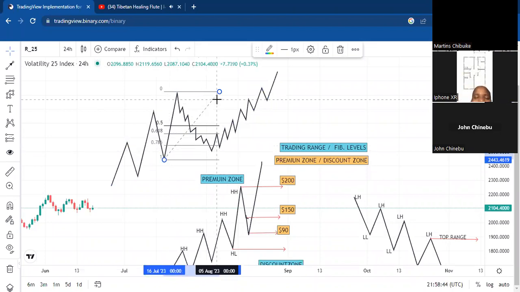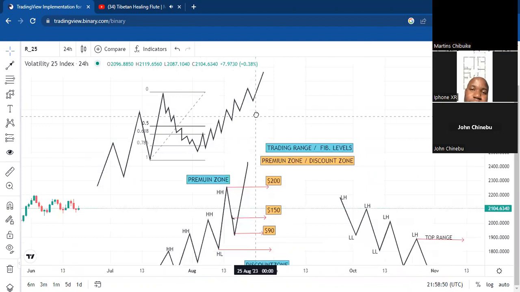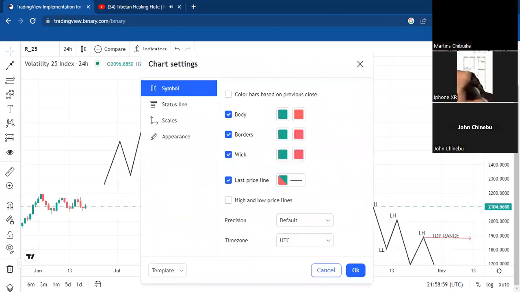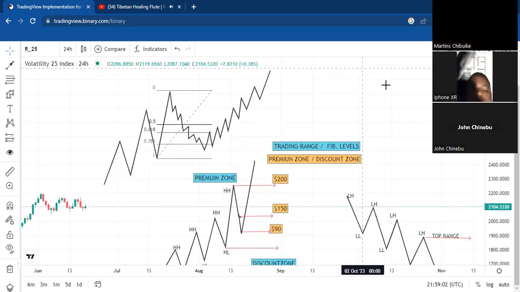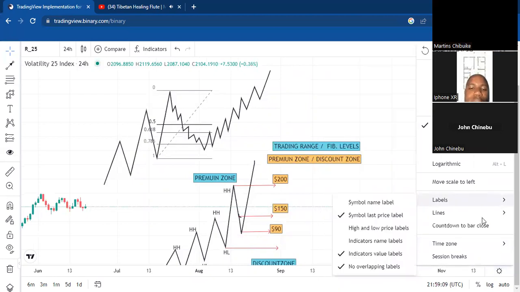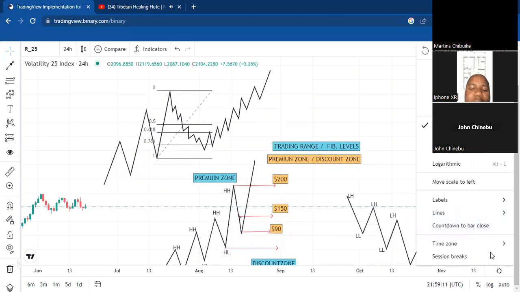Okay. Having said this, the bearish is just the opposite. You should also bear that in mind. This is also the opposite of bearish.